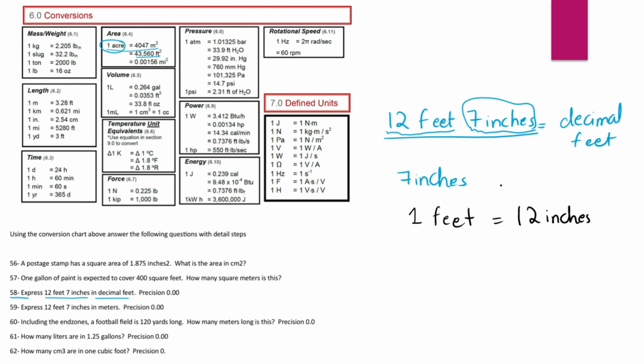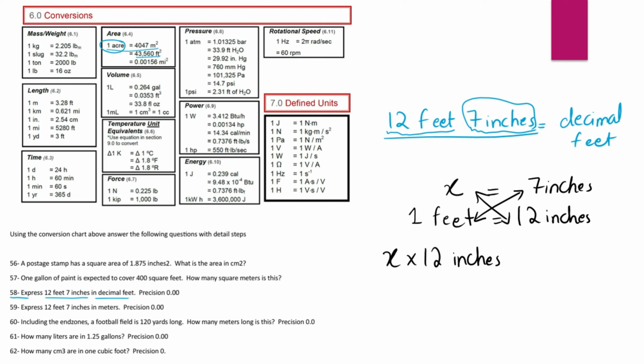So we can write 7 inches here, and remove 7 inches from here. We need to find x feet, right? So we do the cross multiplication: x multiplied by 12 inches equals 1 foot multiplied by 7 inches.